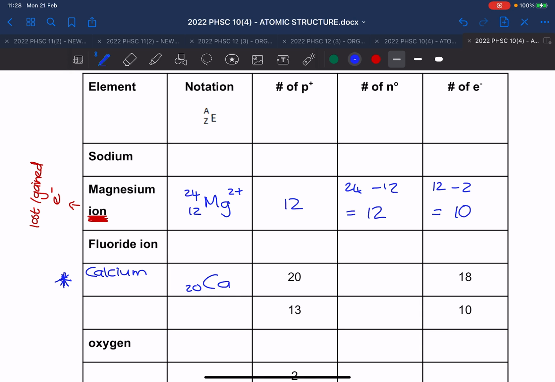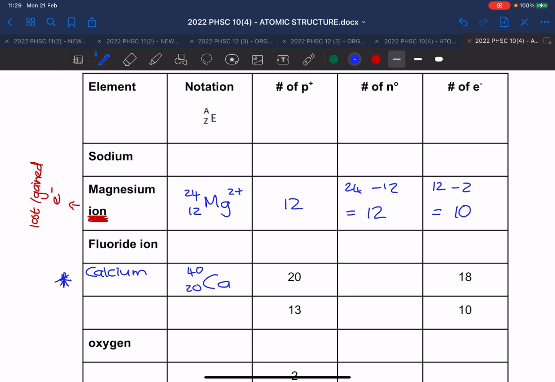What is the atomic mass of calcium? The mass. 40.